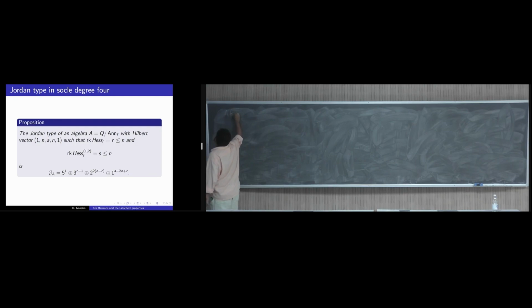Artinian Gorenstein algebras, codimension n, and so-called degree 4. What are the possible Jordan types? The Hilbert function is 1, n, something, n, 1.